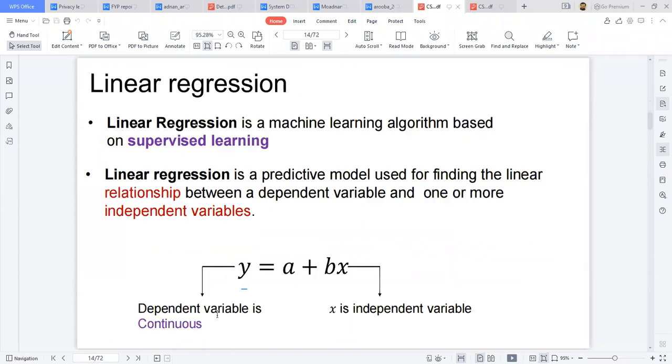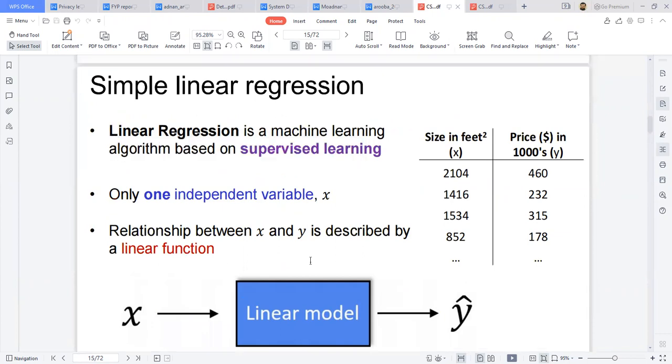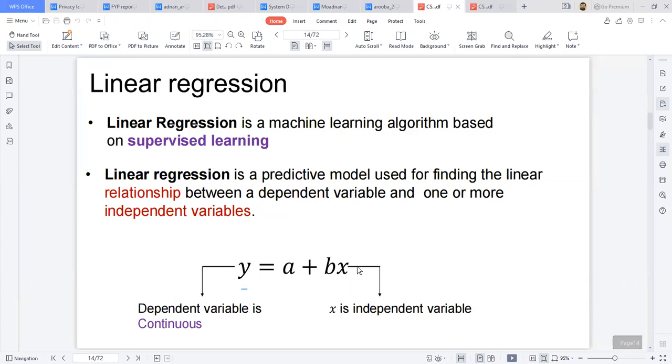Now the dependent variable is continuous and this x is independent, and we have to find a and b. So how will we find them? We will use gradient descent, and that we will learn now. So, simple linear regression. To find a and b, we will use gradient descent, right? Yeah, gradient descent.